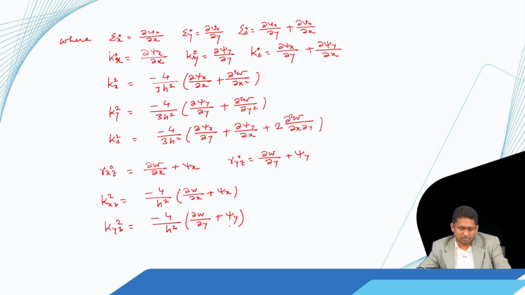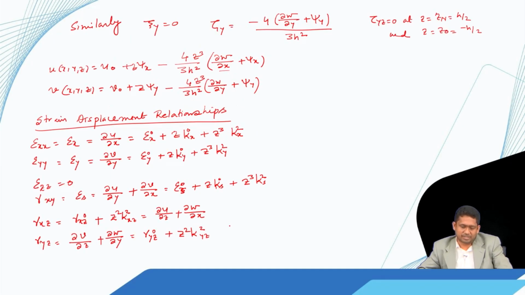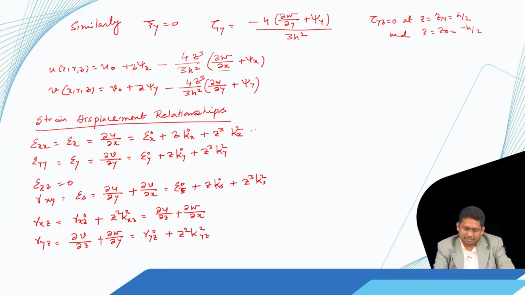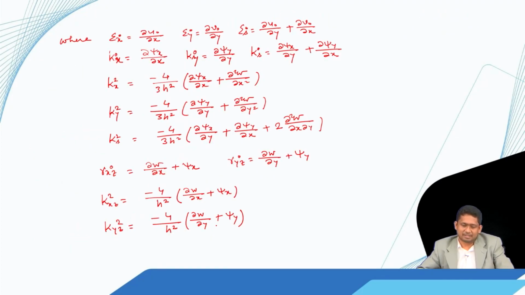So, this is how the strain displacement relationship will look if we incorporate this shear deformation theory. So, here these are the new insertions, this term, and similarly this and this, as compared to our previous considerations, and that gives us nonlinear terms in z, and those we have defined here.